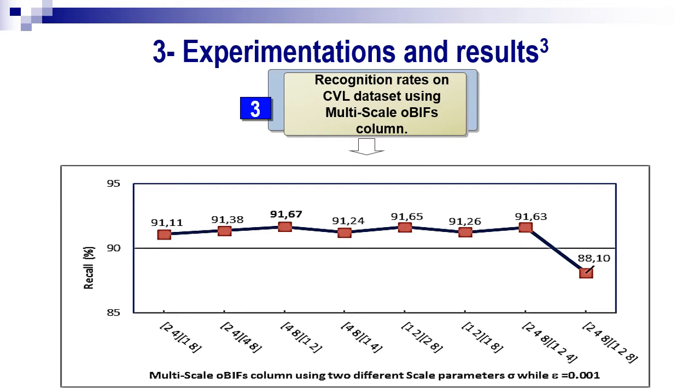Therefore, the multi-scale OBIF columns with sigma equal 1 and sigma equal 2 from the first multi-scale OBIF image and sigma equal 4 and sigma equal 8 from the second multi-scale OBIF image do better than other multi-scale OBIF columns configurations.